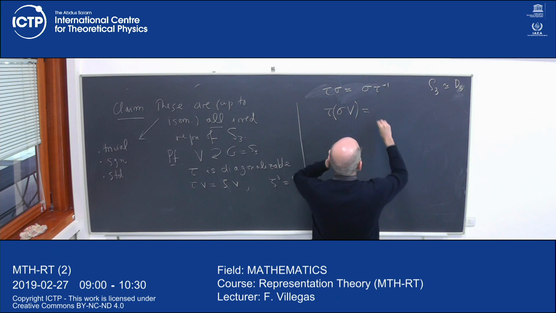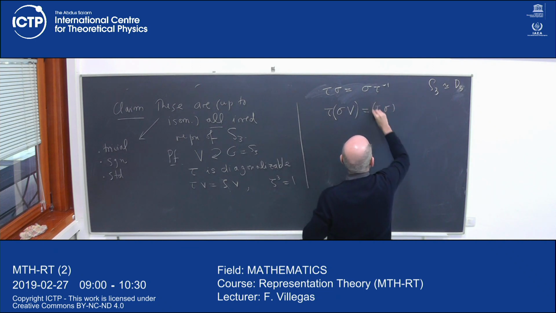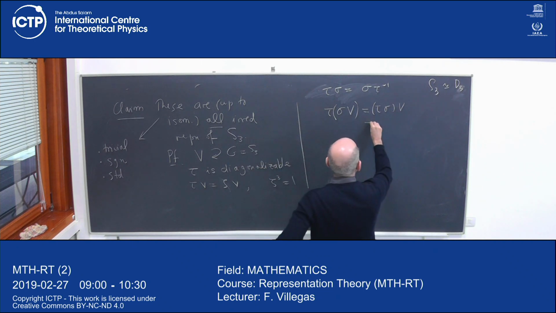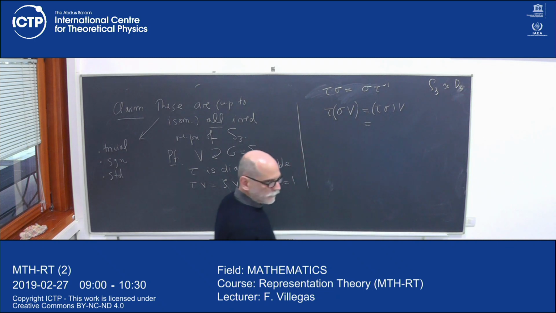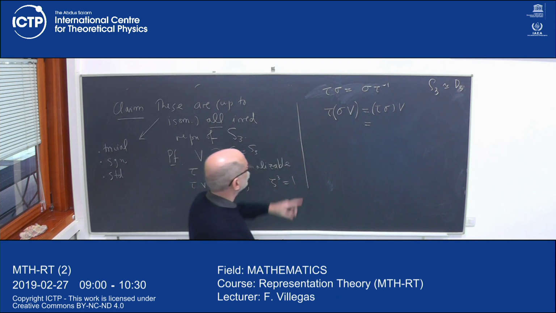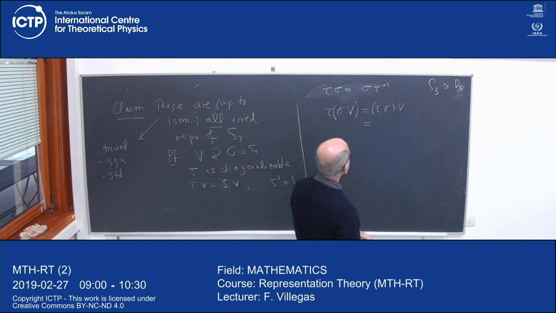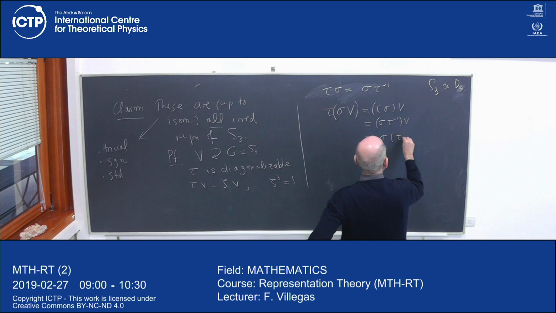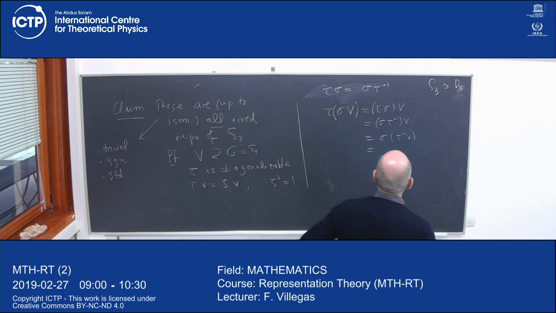Tau sigma of V, by the way representations work, representations are homomorphisms, so if you apply first sigma then tau, that's the same as applying the product. And tau sigma is the same as sigma tau inverse. And so this is the same as applying tau inverse to V and then sigma.